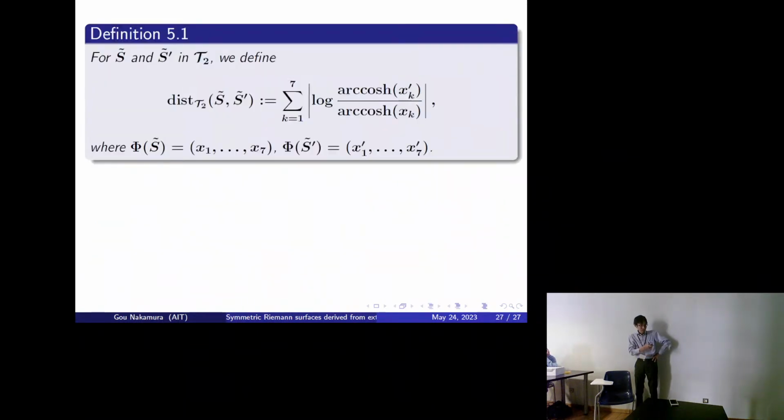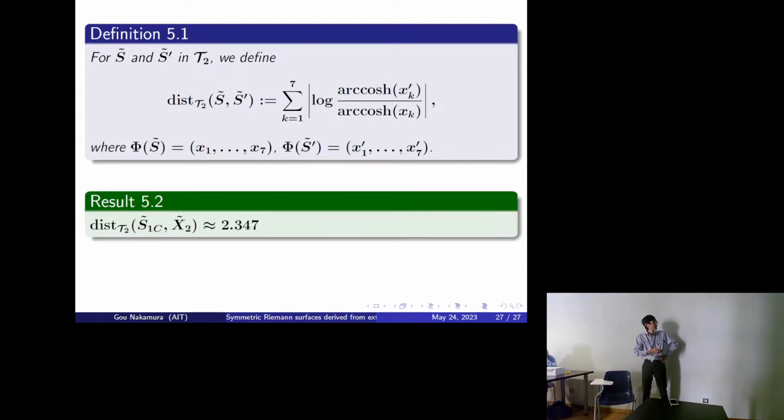To define the difference, we introduce a distance in vector space like this. I think it is a natural one. It is a kind of distortion of these two surfaces. By using this distance, I can calculate these two marked Riemann surfaces. It is approximately 2.347.